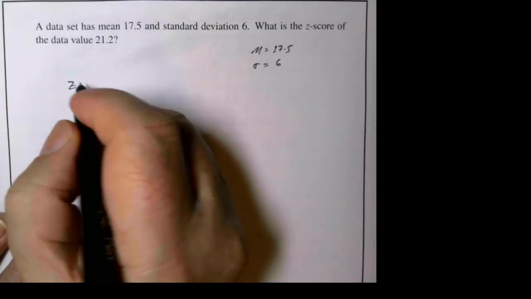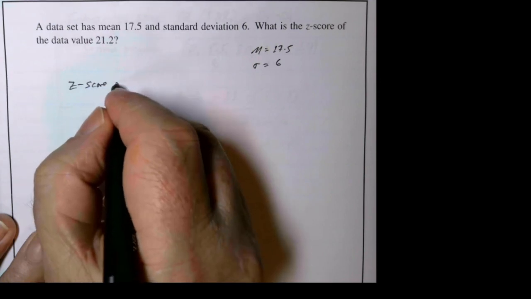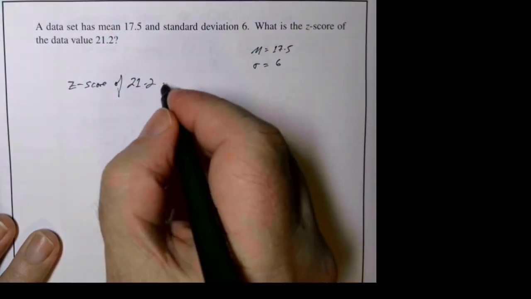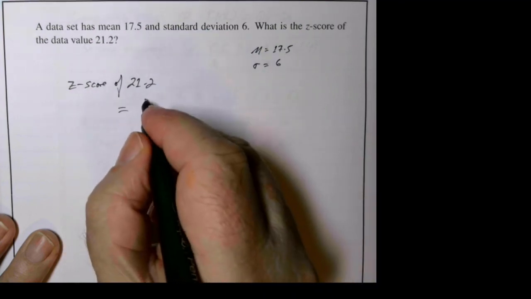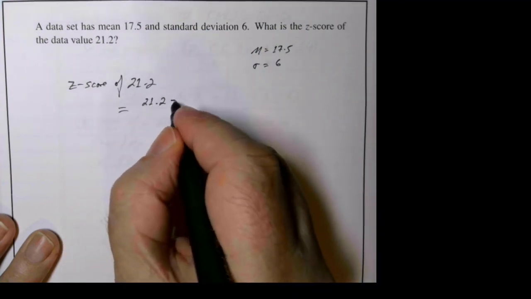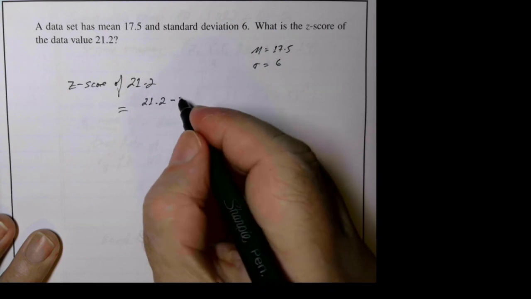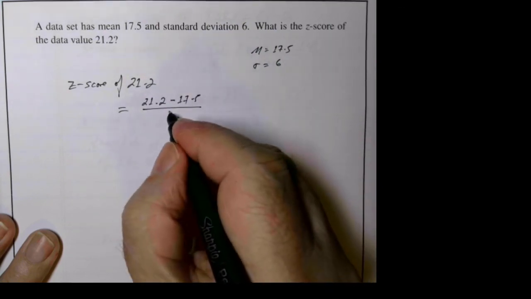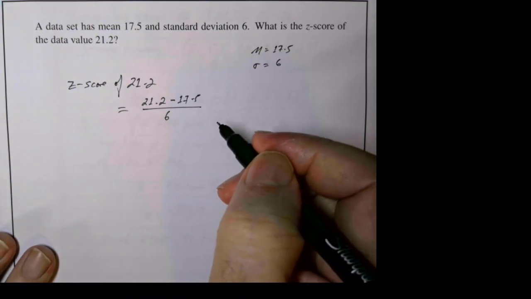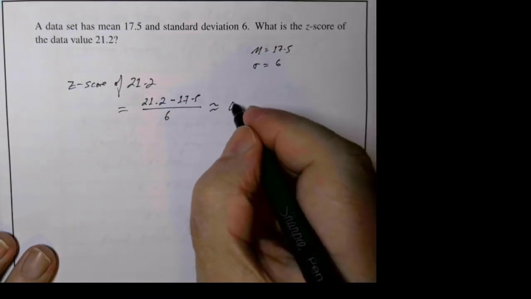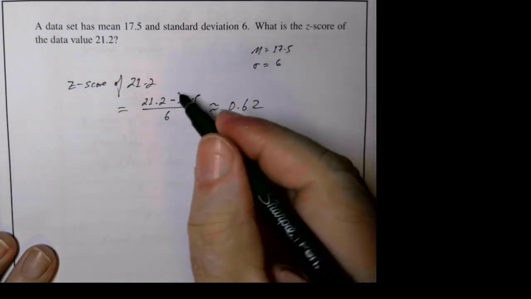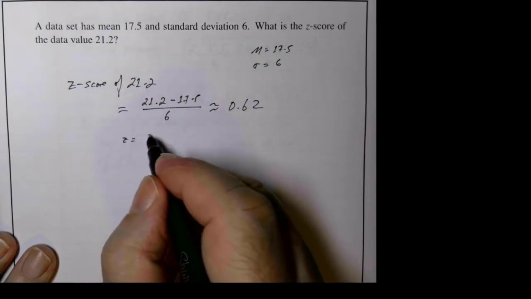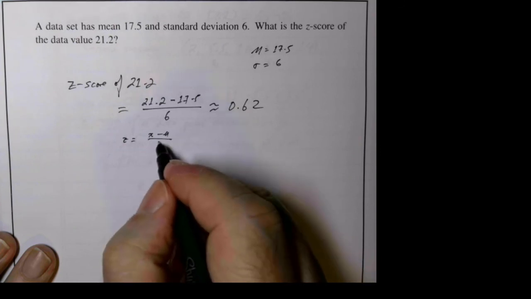So the z-score of 21.2 is 21.2 minus the mean, 17.5, all of that divided by the standard deviation, which is 6. And this works out to be about 0.62. Okay? All I've done here is plug into the formula z equals x minus mu over sigma.